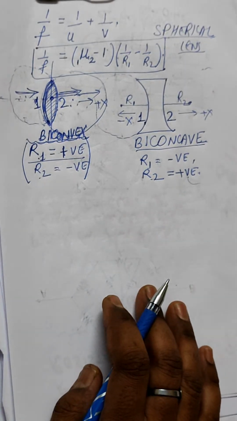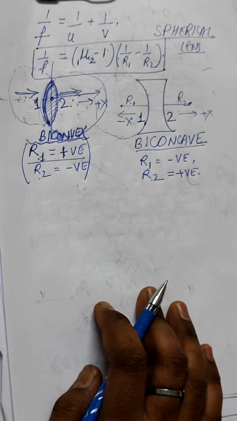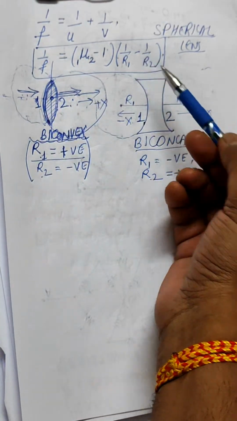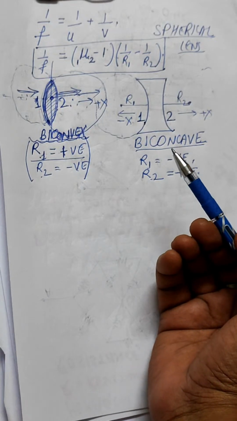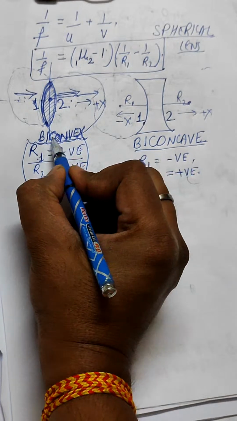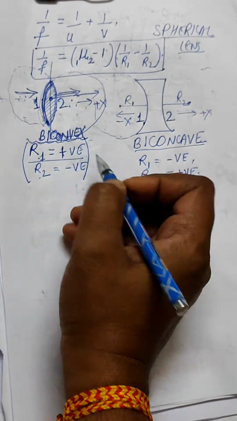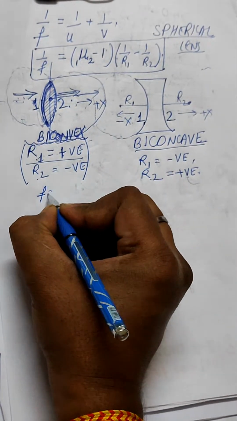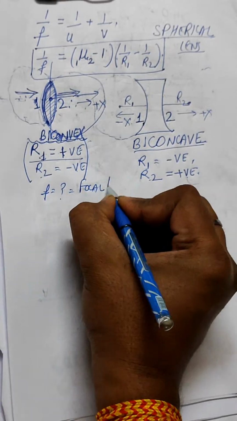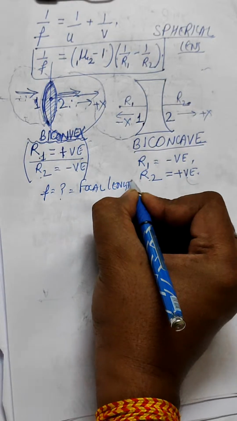Now coming to the numerical which we have selected to solve, and all of these spherical lenses follow the formula, right? The question is: find the focal length of the following lenses. The first lens given to you is a biconvex lens, so you need to find the focal length f. We will use the above formula.